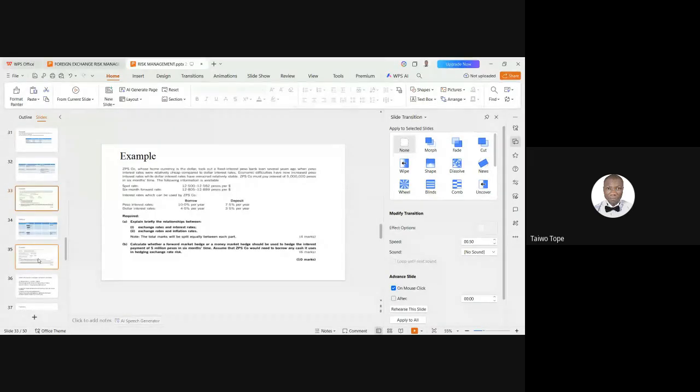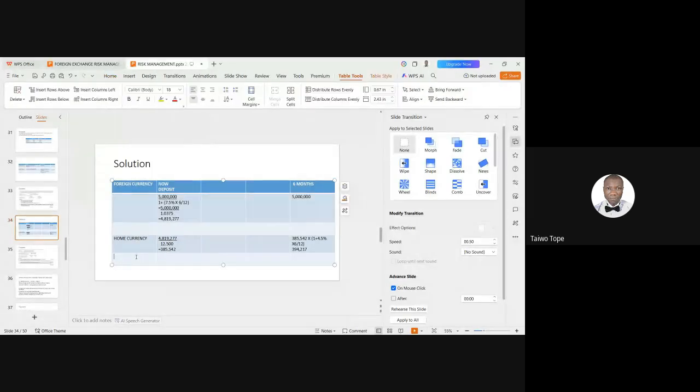So what will be the result? 390,472. So you compare the result 390,472 with 394,217. Which will be the higher value?